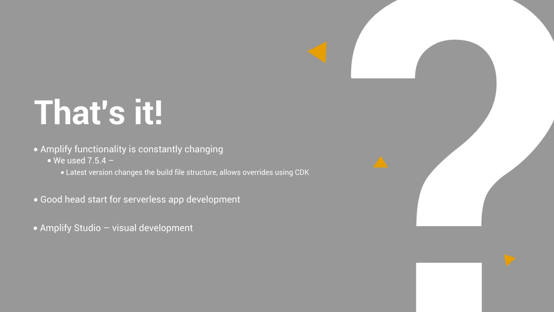Finally, Amplify Studio is visual development, which we haven't gone over here, but AWS has really expanded that functionality to use pre-built UI components, a visual backend builder, and importing design prototypes from tools like Figma and generating React code. So check that out too if you want to look at more visual tools rather than the Amplify CLI.